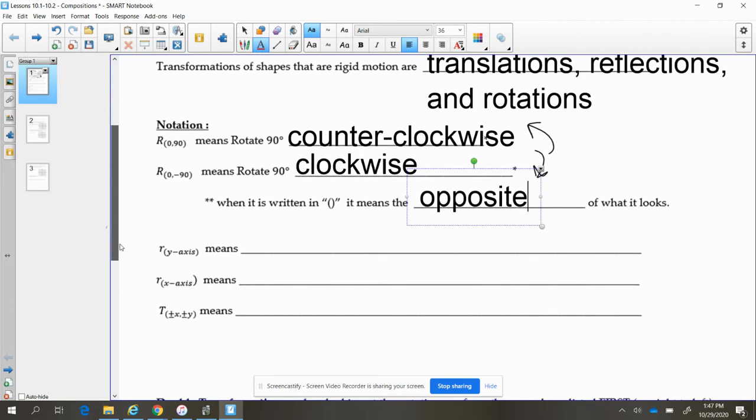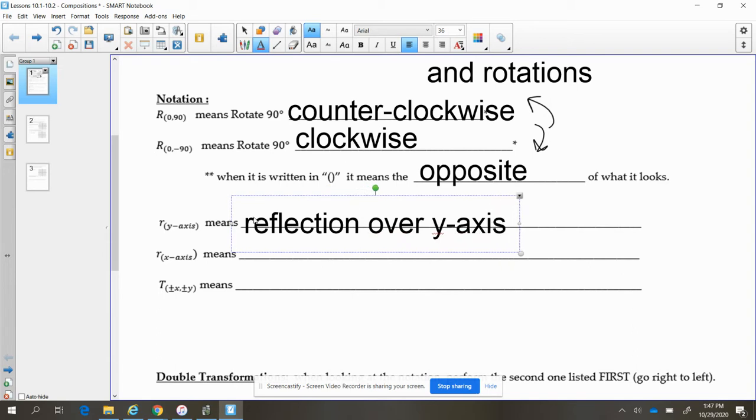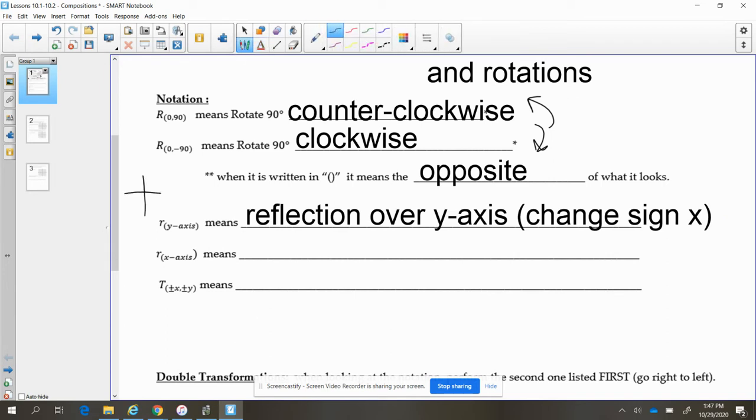Now, a reflection over the y-axis written like this means that we are reflecting a point over our y-axis. And basically what happens with this is that when we reflect over the y-axis, we change the sign of the x value, right? Because we reflect over the y-axis, that's this axis here, we end up changing our x value from positive to negative, basically.